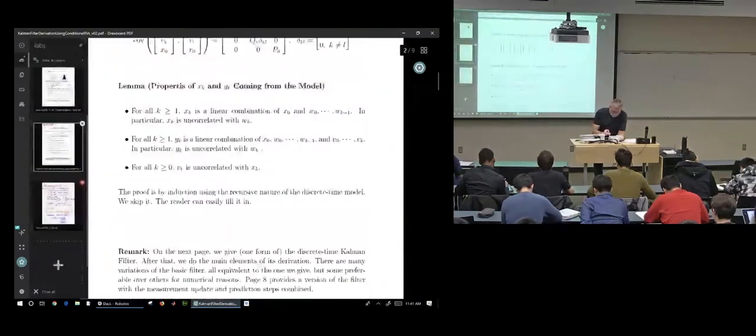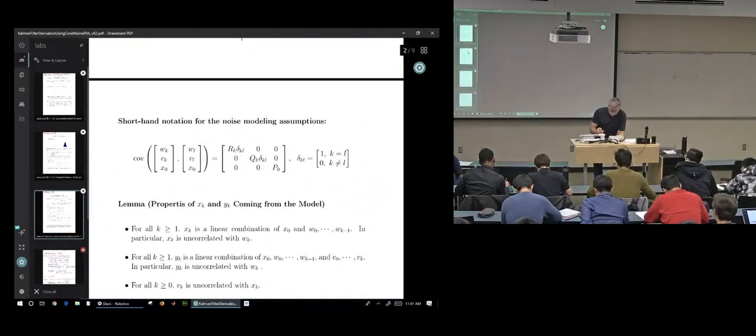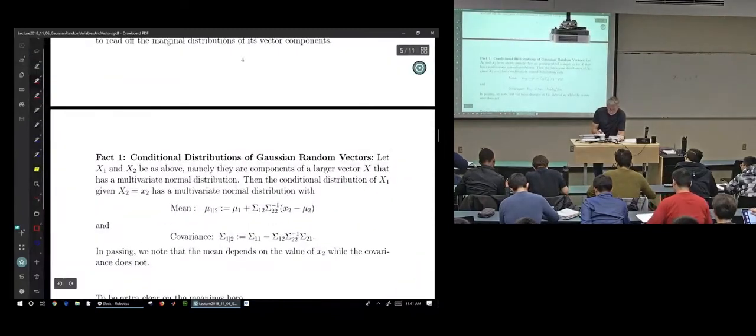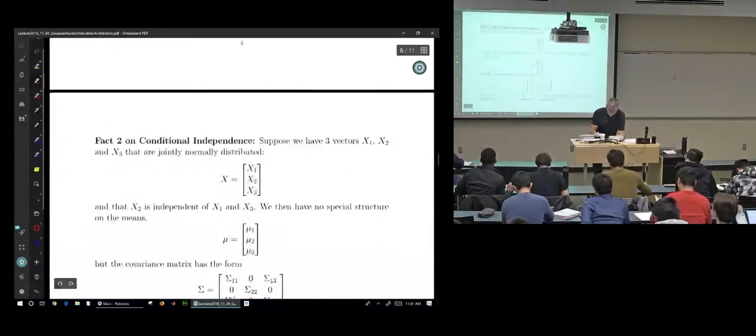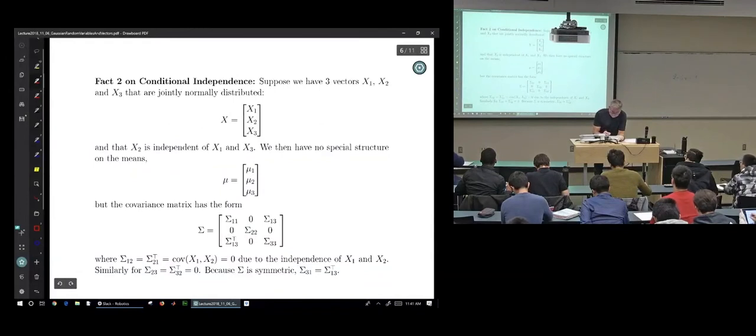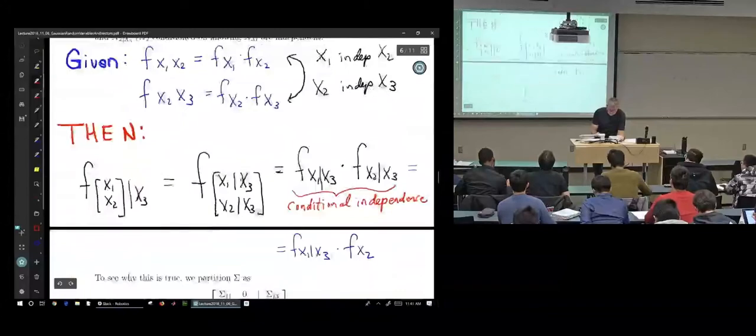Now let's go to the handout on Gaussian random vectors. So this one, no. Not important. Fact 2.